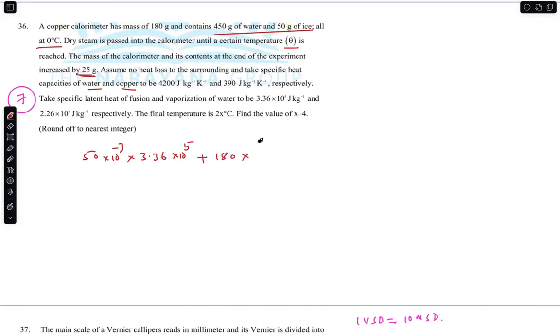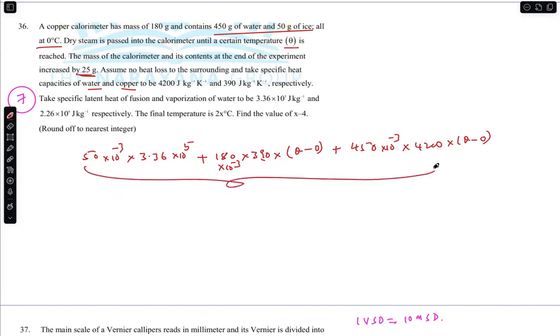180 copper calorimeter, into the specific heat capacities of water and copper, 180 grams into copper 390 into theta minus 0, plus 450 into 10 power minus 3 is also there, 450 into 10 power minus 3 into that will be 4200 into theta minus 0.